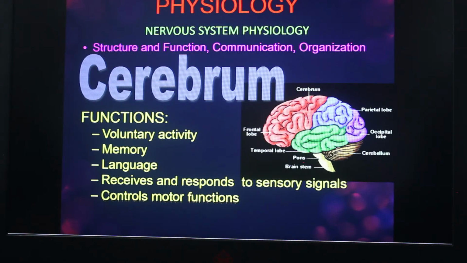And the cerebrum functions for voluntary activity, memory, and language. It receives and responds to sensory signals, and it controls motor functions of our body.